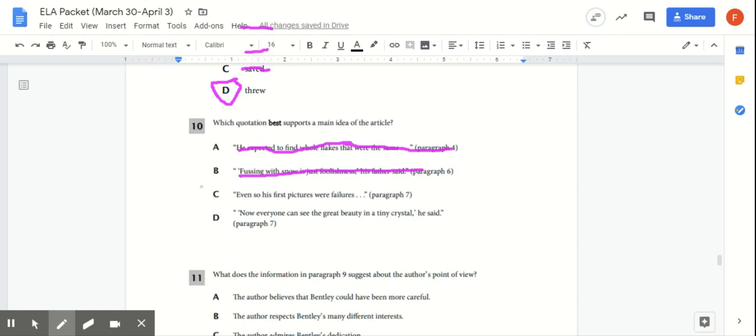C, even so, his first pictures were failures. Now, this can potentially seem like it would support the main idea of the article, but it's not our best answer. So here we would pick D.